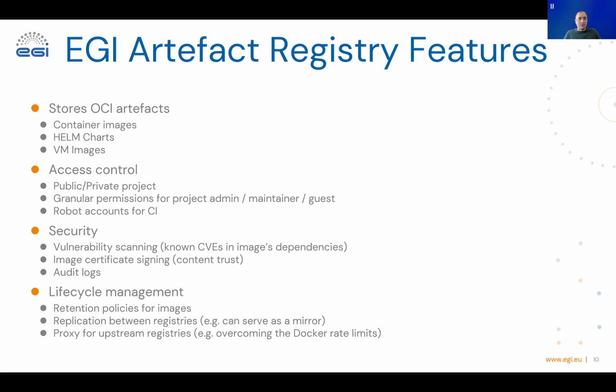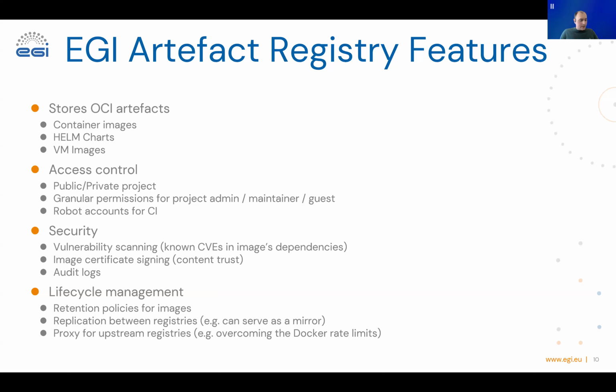This could be interesting, for example, for trusted research services. And then you can specify in the artifact registry that you only want to push images which are signed by some trusted certificate authority.